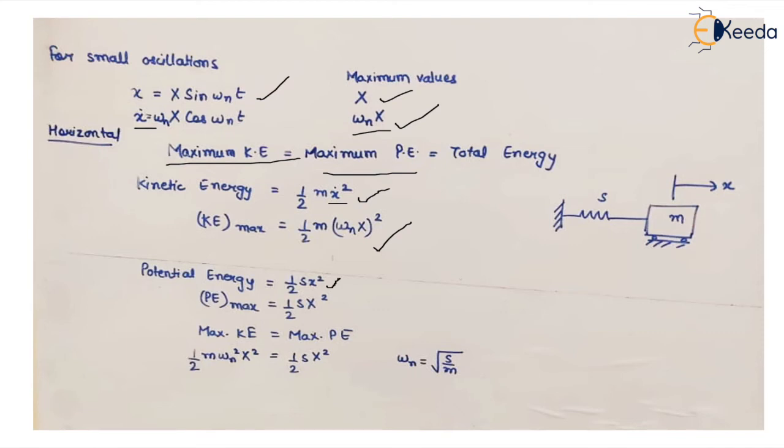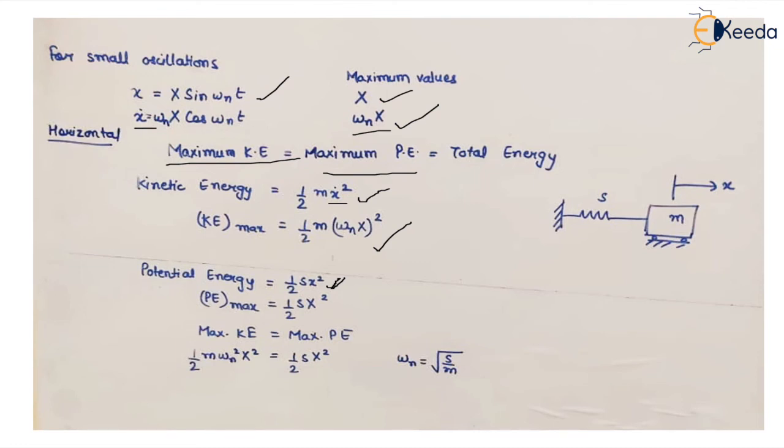We have already discussed that the total potential energy of any system is the gravitational potential energy plus the strain energy of elastic deformation. Because this is a horizontal system, the gravitational potential energy will be zero, so we are left with the strain energy component. Whenever a force acts on a spring, there is a restoring force acting, and to apply that force some work has to be done.